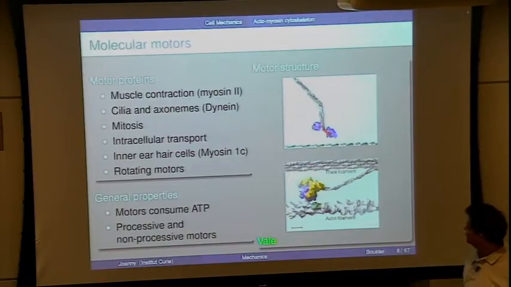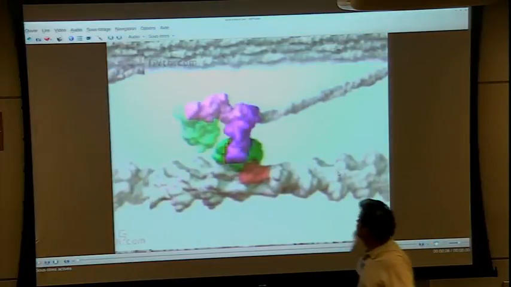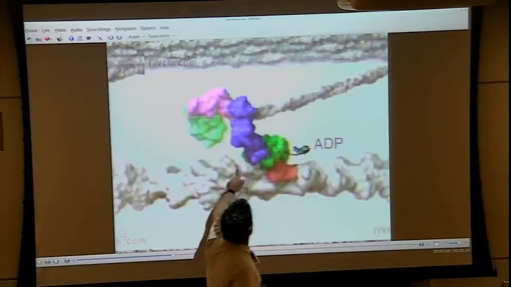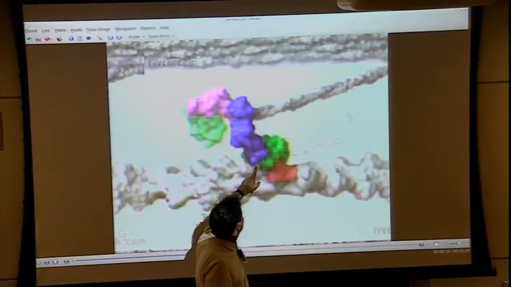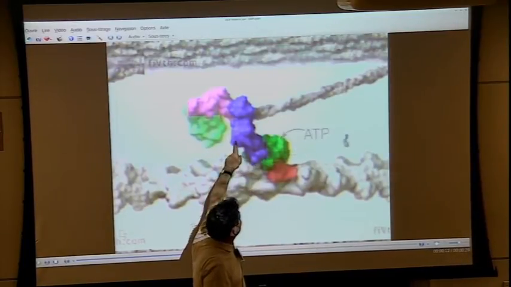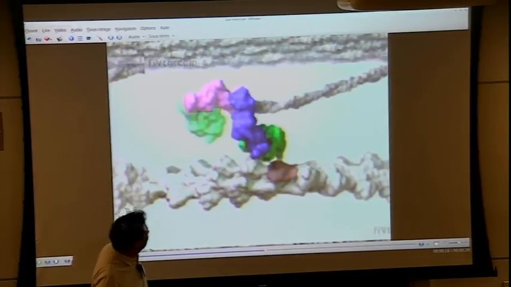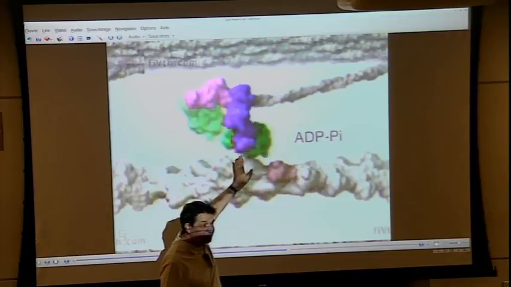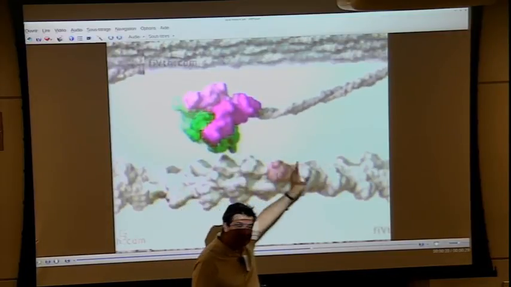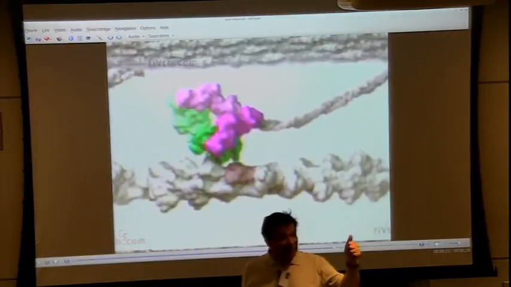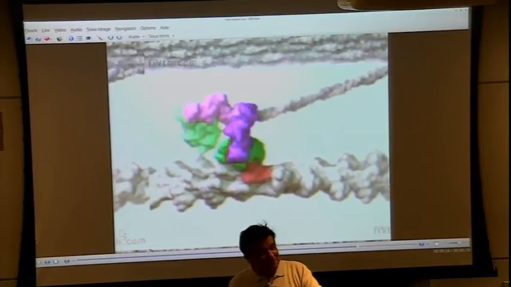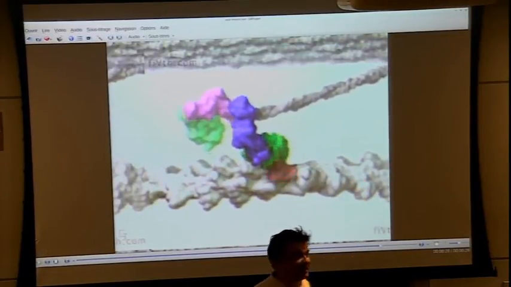So it binds to the filament, it gives a kick, and then it will go away. So there is an ATP cycle which is going on, and the motor detaches. And that's it. So you cannot use a single motor like this because it will go on, make one step and go away, and you do nothing like this.